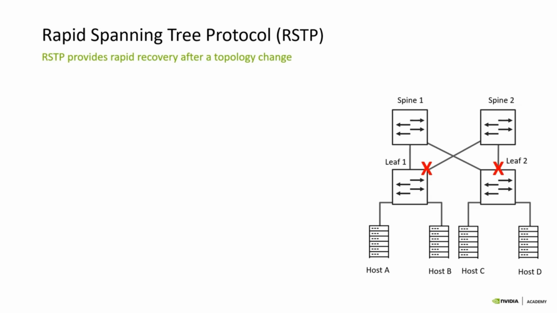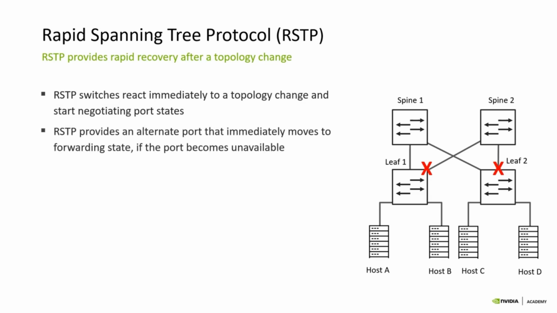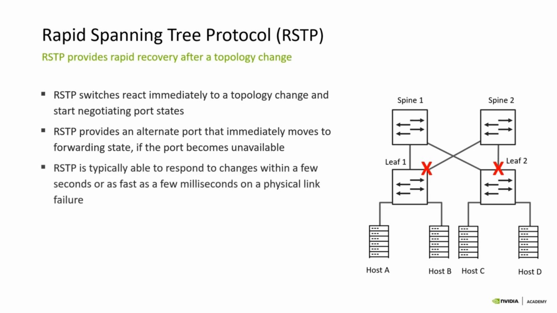In general, RSTP allows the switches to almost immediately react to a topology change and start negotiating port states. In addition, RSTP provides alternate ports that immediately move to forwarding state, if a port becomes unavailable. This and more allow RSTP to respond to changes within a few seconds or as fast as a few milliseconds on a physical link failure.